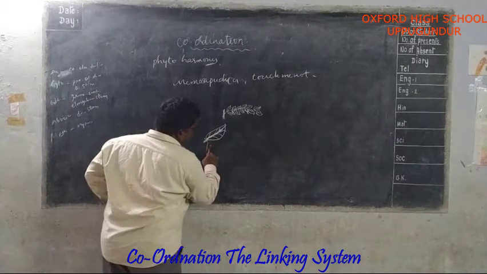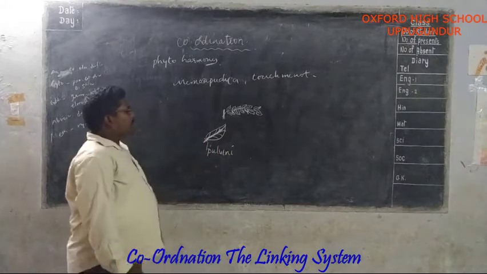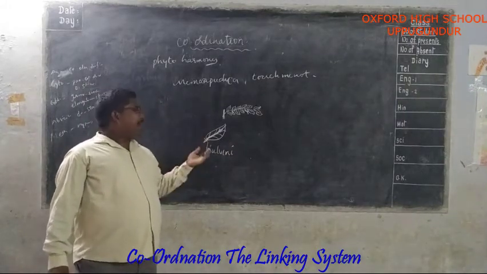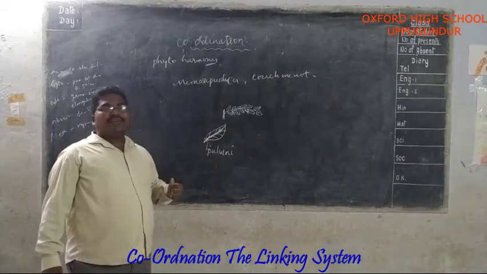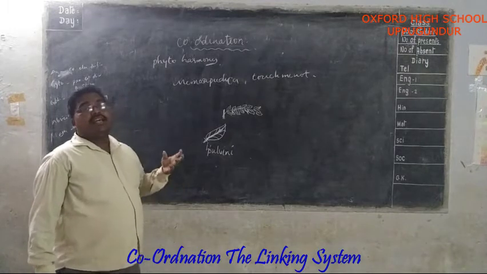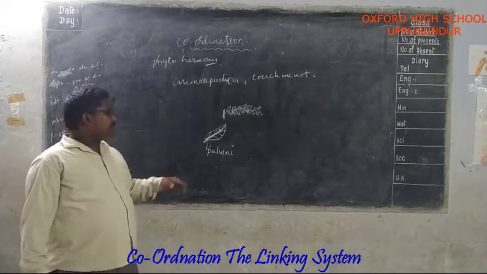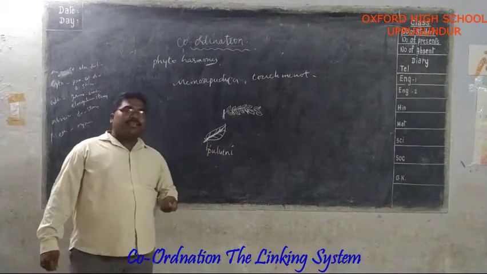These are called pulvini. The pulvini contain a lot of water with large intercellular spaces.